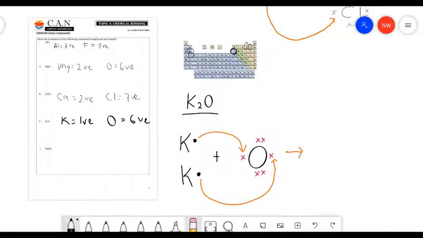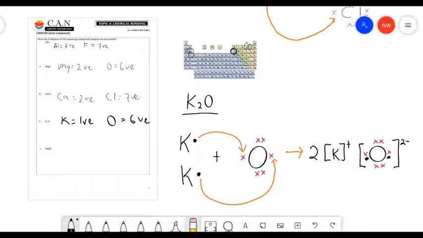So, equationnya di sini kita akan dapat 2 biji K yang bercharge positif 1. And then kita punya oksigen yang bercharge 2 minus disebabkan dah terima 2 biji elektron daripada K.